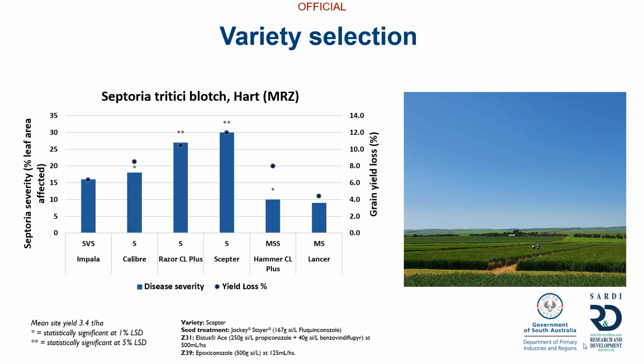And you can see across the bottom here we've got 6 different varieties ranging from Impala through to Lancer, and we've got an SVS resistance rating through to an MS, which was about as good as we could get in this particular growing region, and even still Lancer that was an MS was not particularly well adapted to this area.